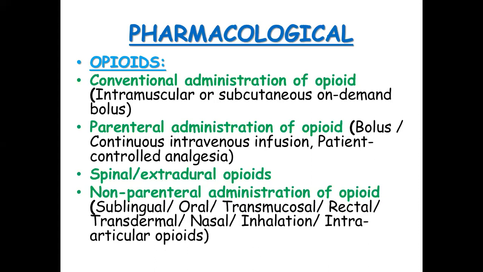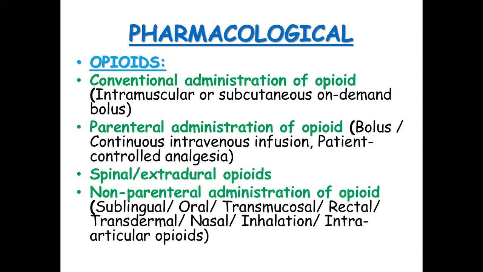The second dose will not be delivered until 11 a.m. So there is a fixed time interval of half an hour. This is done to prevent the adverse effects of opioids in that patient, and the most common adverse effect is respiratory depression.